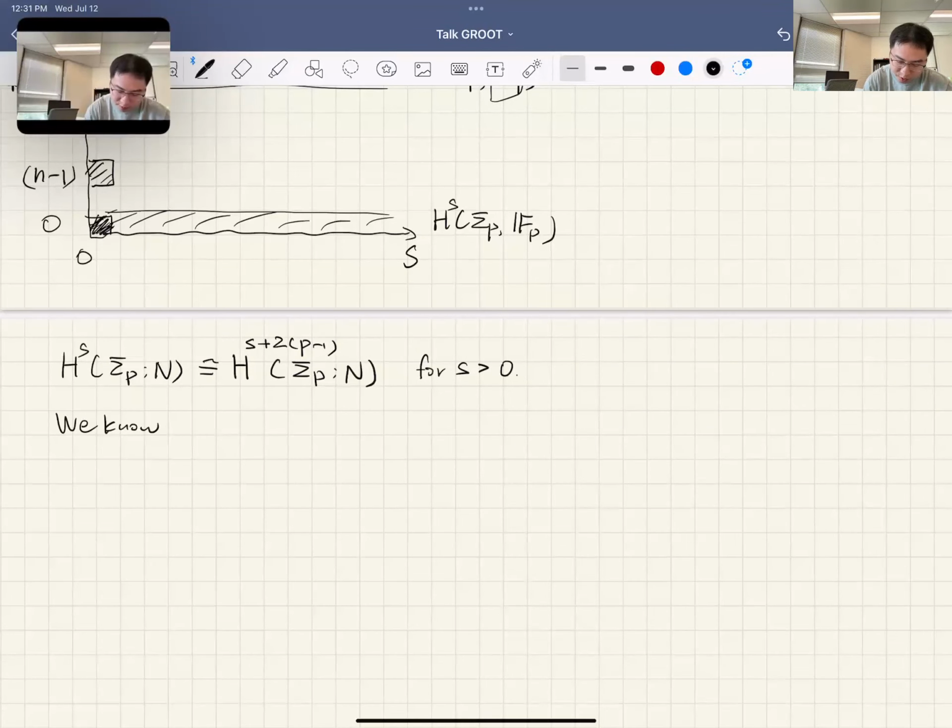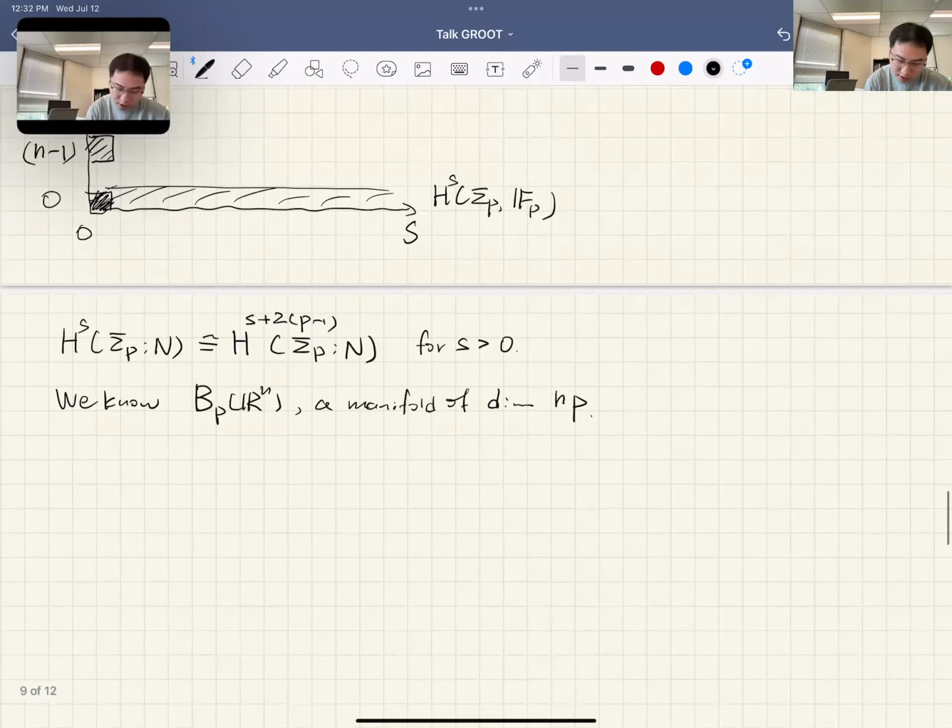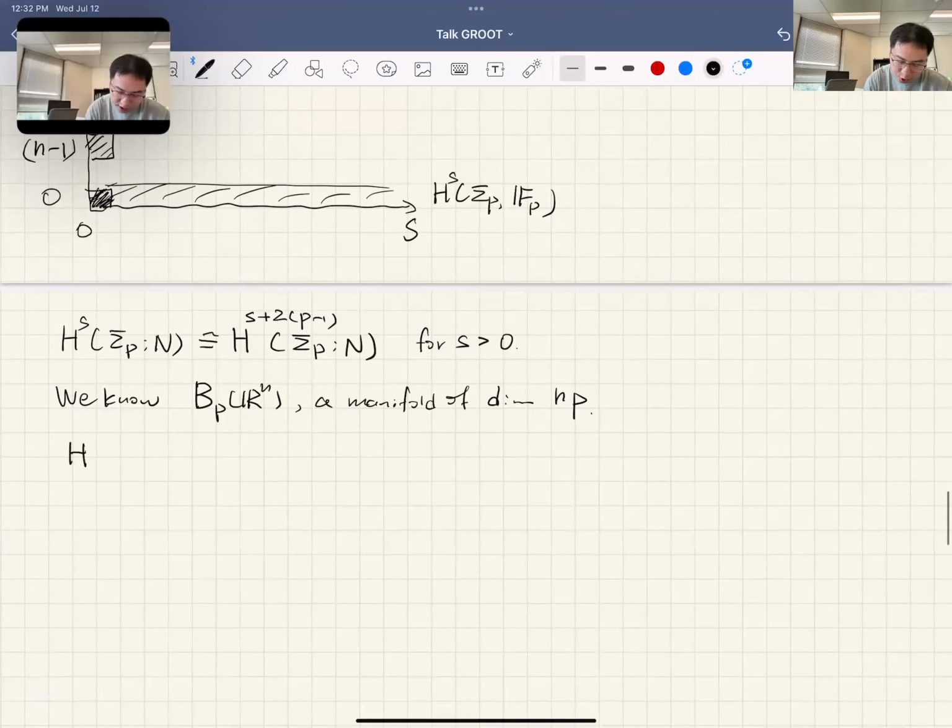Okay, so we know that in the end, I want to compute the homology or cohomology of BP of Rn, right? And we know that this is a manifold of dimension n times p. So we know that the cohomology of this object here should be trivial if the degree is greater than n times p, right?